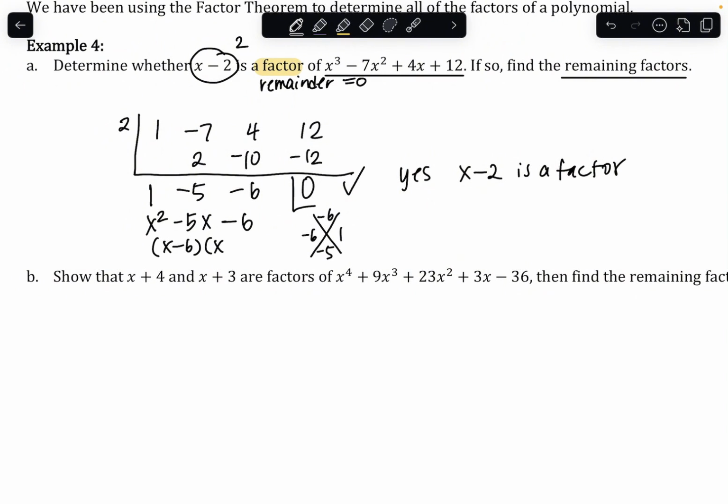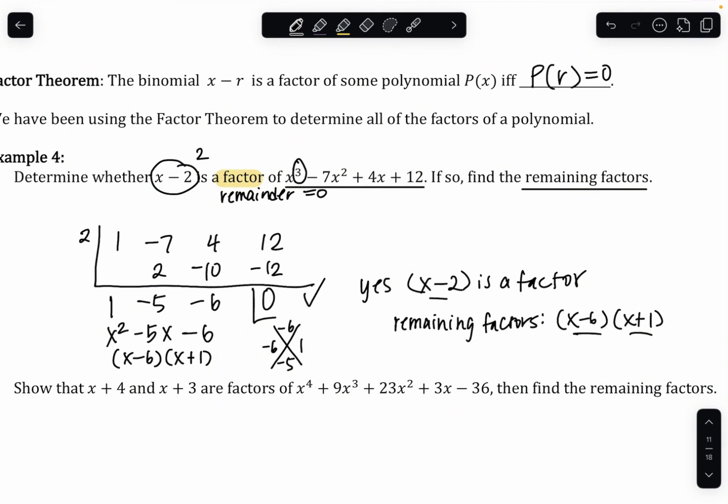And so my factors are x minus 6 and x plus 1. So my remaining factors after the x minus 2 are x minus 6 and x plus 1. Okay, so those are the three factors that multiply to give us this degree 3 polynomial.